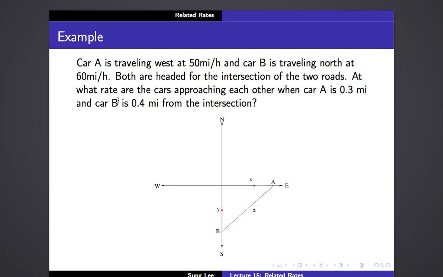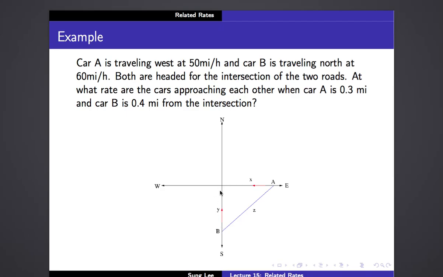And also for car A, the speed dx/dt is 50 miles per hour, but actually it's negative 50 miles per hour. Why the negative sign? Because car A is approaching the intersection, so the distance from the intersection to A gets smaller and smaller. So the distance is decreasing, and because of that, we should include the negative sign.